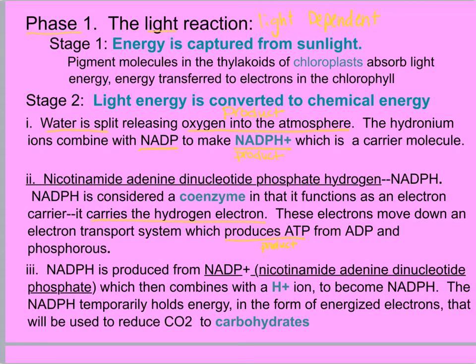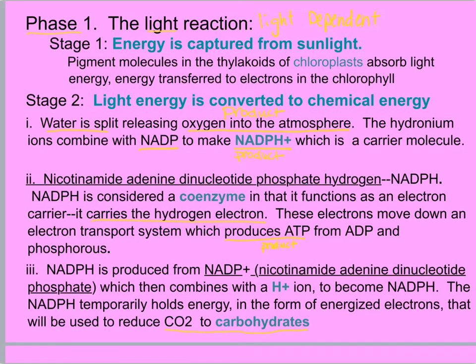That is going to be a temporary hold for energy. Okay, so that is going to be used in the next phase, the dark reaction, the Calvin cycle, to turn carbon dioxide into carbohydrates. It's going to give us the H for the carbohydrates.